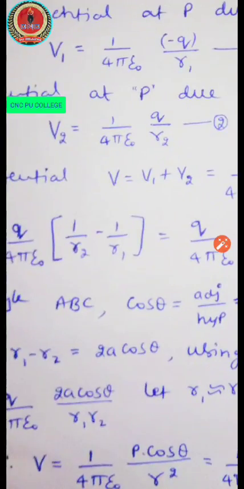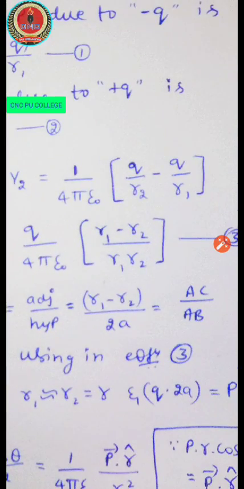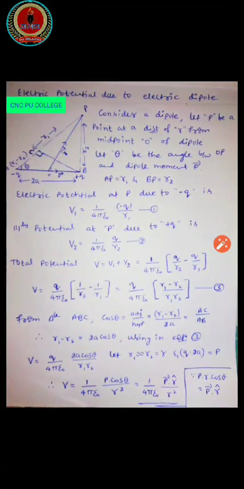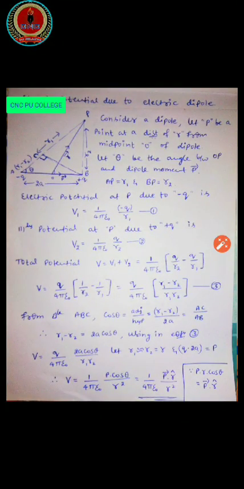So cos theta is equals to AC by AB. From the diagram, what is AC? AC is nothing but r1 minus r2. What about AB? That is 2a. Therefore, r1 minus r2 is equals to 2a cos theta. So we have to substitute this r1 minus r2 value as 2a cos theta in equation number 3.